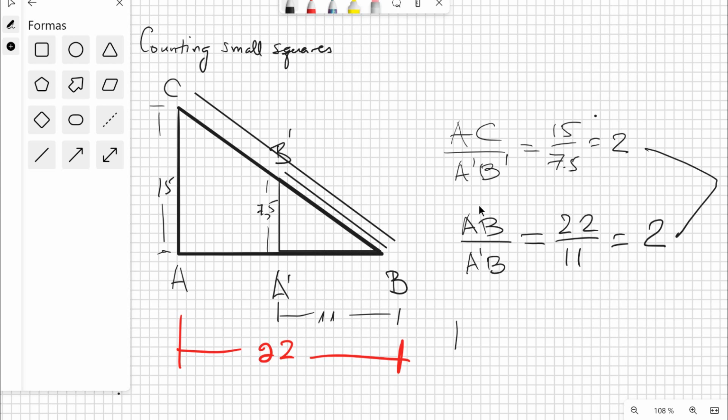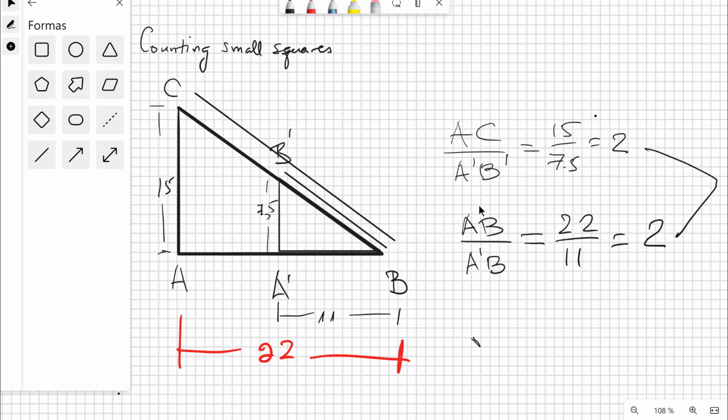Since those are squares, if I measure with this, it's a horizontal measure, like this one, but if I measure it in the diagonal of the small square, it measures more.